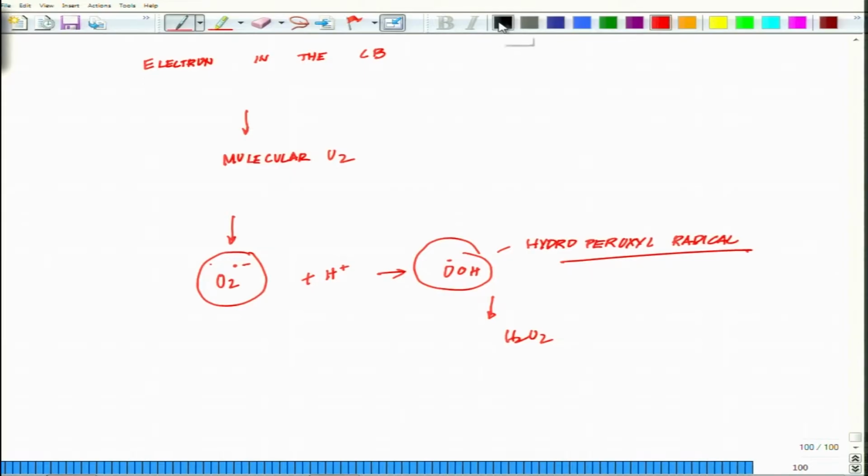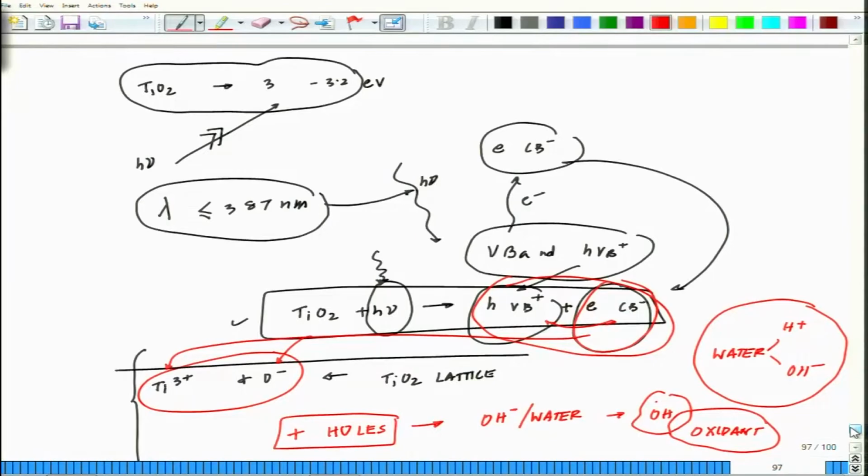What that means is recombination of photogenerated charge carriers is a major limitation in semiconductor photocatalysis, and it reduces the overall quantum efficiency. What essentially happens is this: when you are generating these kinds of species in the valence band and in the conduction band, this is the conduction band.